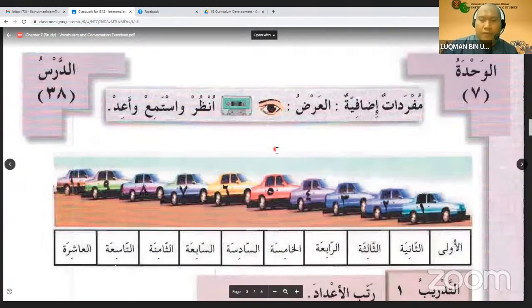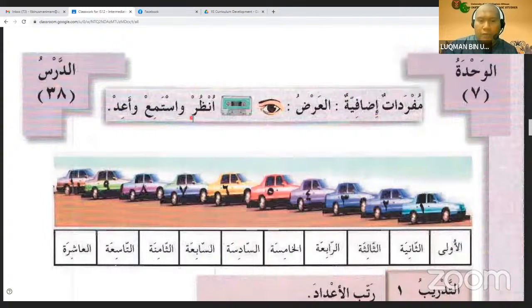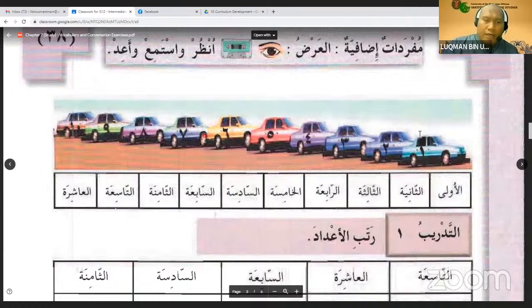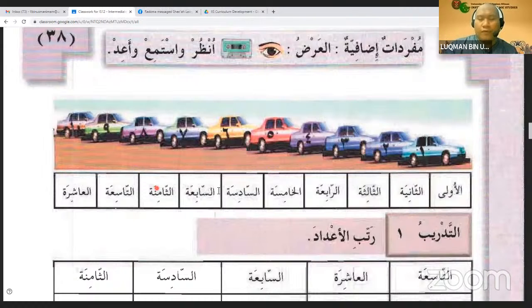So now we will proceed with the additional vocabulary. Additional vocabulary. Look, listen and repeat. So these are the numbers, what we call ordinal numbers, and this is in their feminine form.